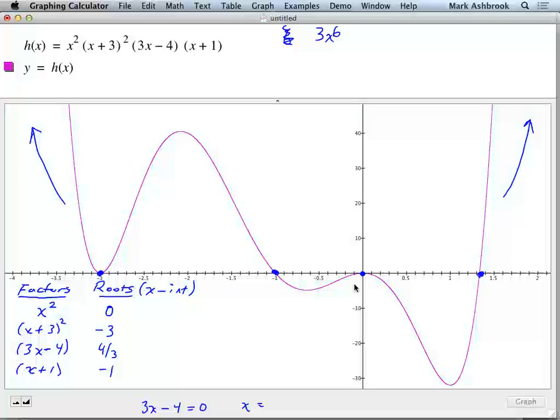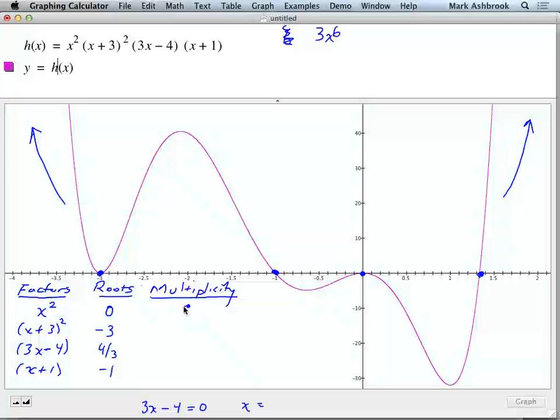Okay, so this is what's called the multiplicity. There's another thing we want to put in our table here, and it's called the multiplicity of each factor, and that helps us get the behavior around the roots. So x squared, what's the multiplicity on that?